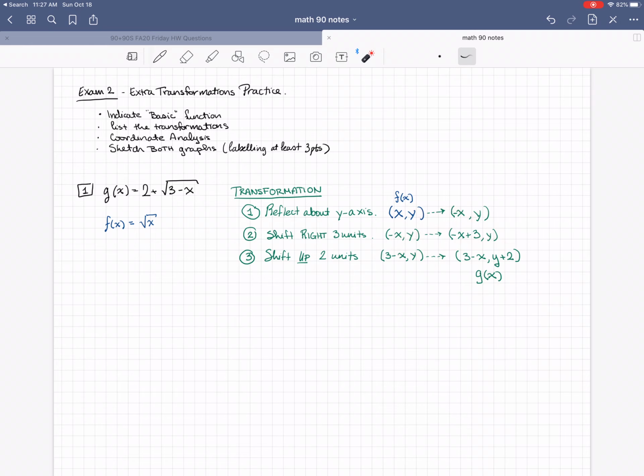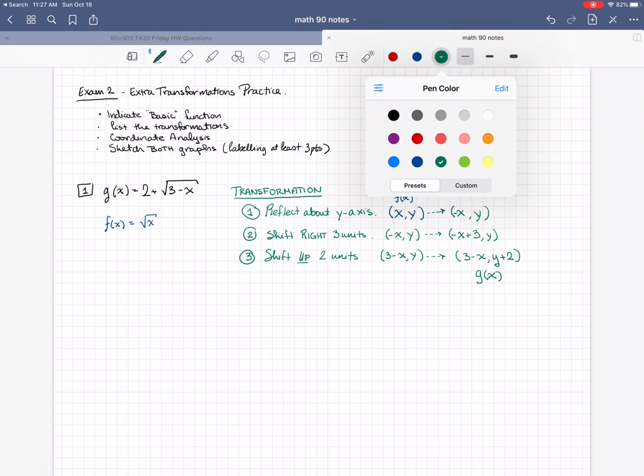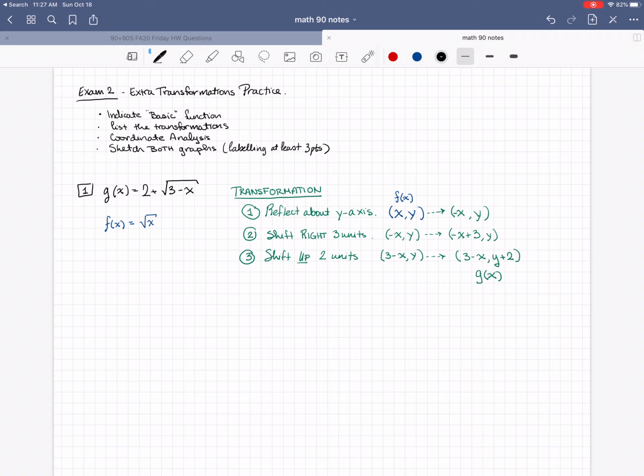So what I want to go ahead and do now is graph, okay? And part of the reason I always encourage you all to start by graphing the basic function is so that you have a few points to transform.